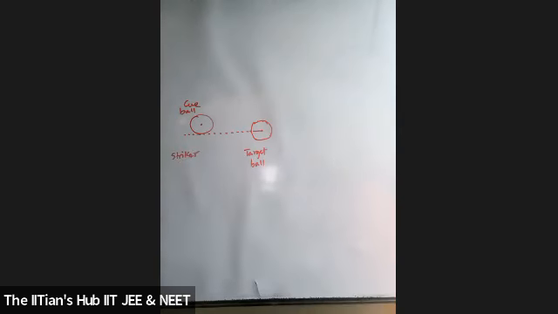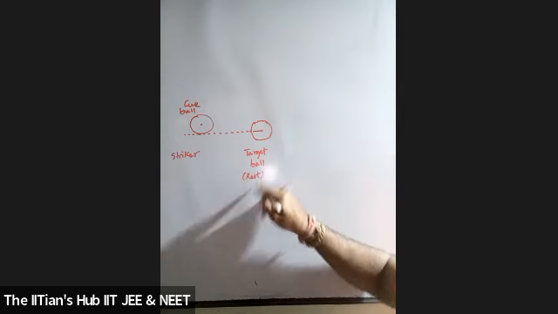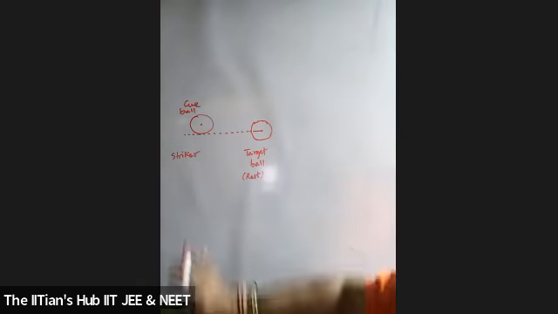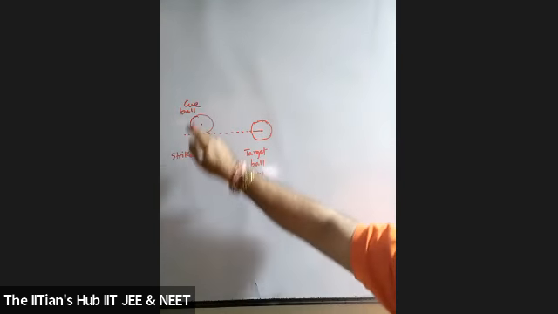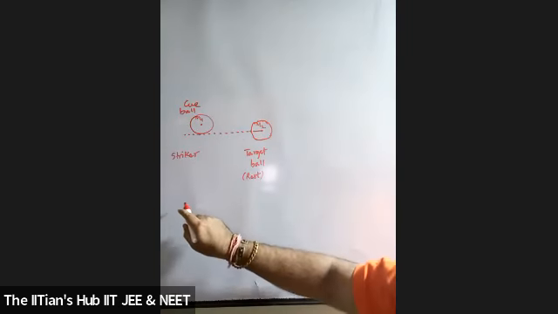Now listen carefully, students. A cue ball is stuck to a target ball, which is at rest. Both of them are of equal masses. So if I take this as m1 and this as m2, then m1 is equal to m2.